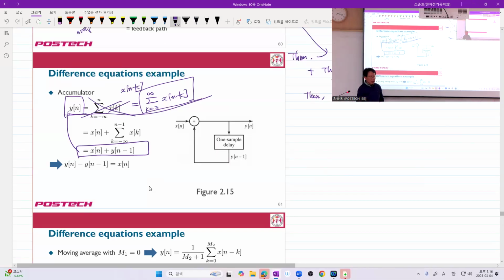Got it? So remember from this example, sometimes you may have an input-output relation of a DT system involving infinite terms, but by rewriting it, there could be a way to have finite terms without modifying the input-output relation. And with a finite number of terms, what would be good? You will see implementation of a DT LTI system by directly using LCCDE.